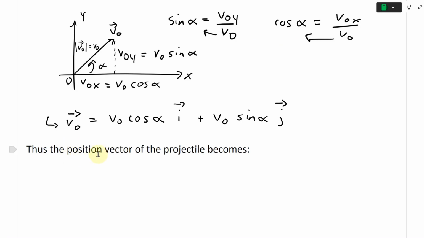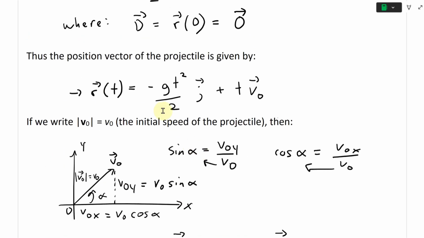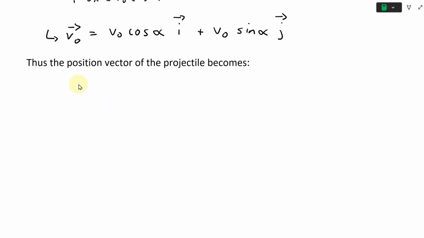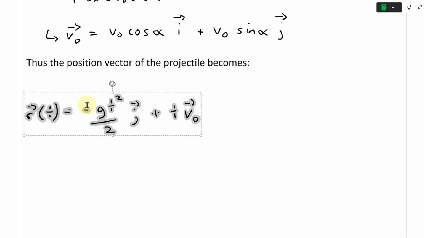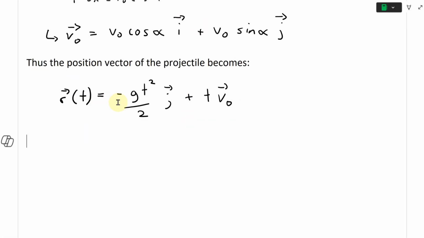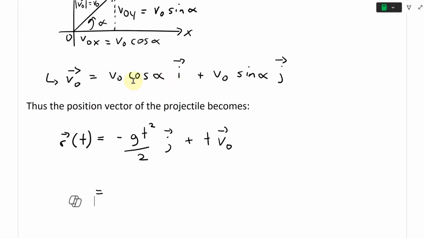So thus the position vector of the projectile becomes, so we have this whole setup here. Instead of writing it down again, I'll copy this and paste it in here. Now we just plug in this v naught inside there. This one has an i component, and the other one doesn't have an i component, it's just a j.